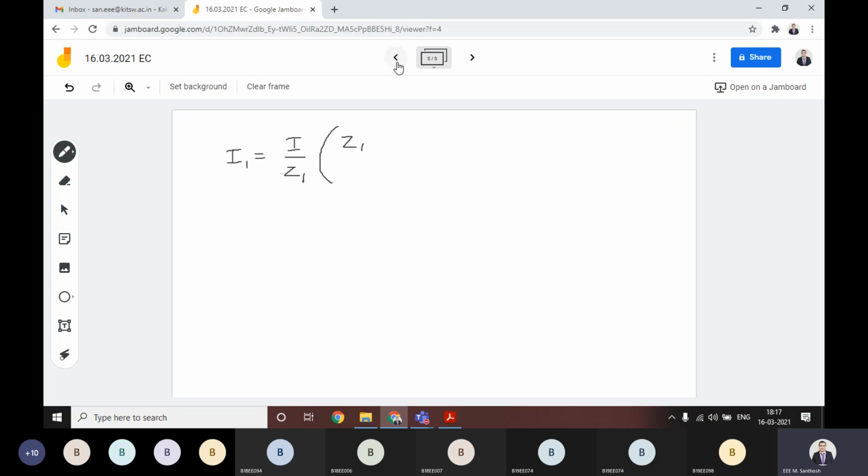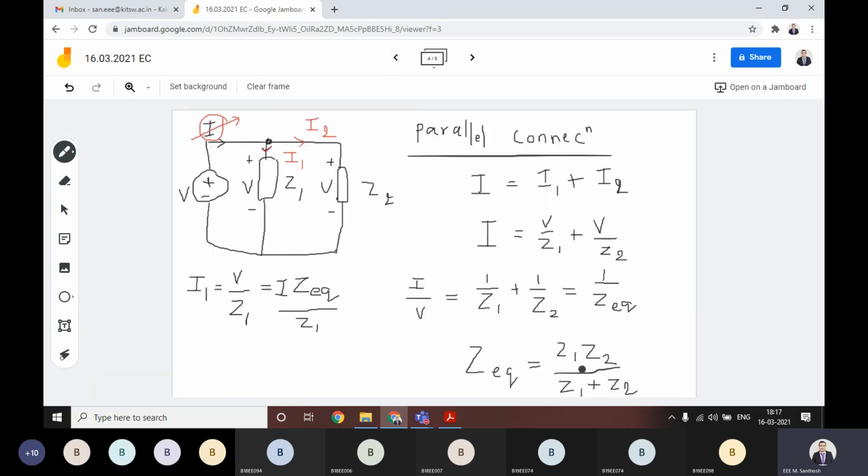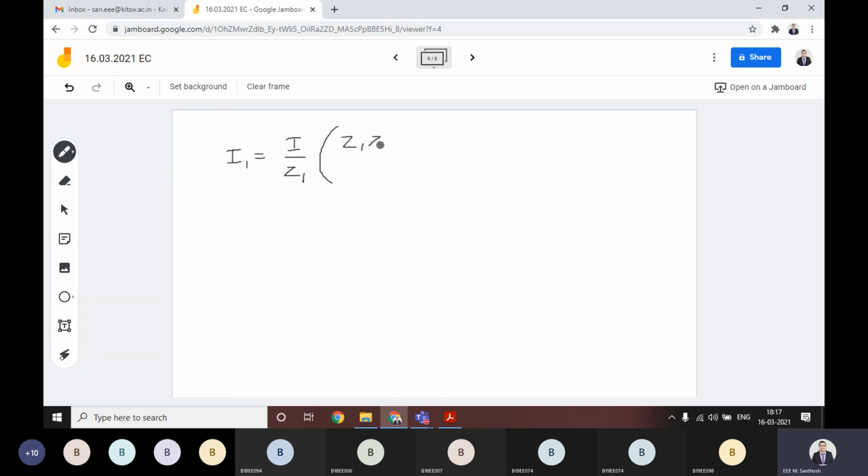Z equivalent we know is Z1 into Z2 by Z1 plus Z2. Simply I am multiplying with the Z equivalent actual value. Here Z1 and here Z1 cancel. What is the value of I1? That is total current I into Z2 by Z1 plus Z2.